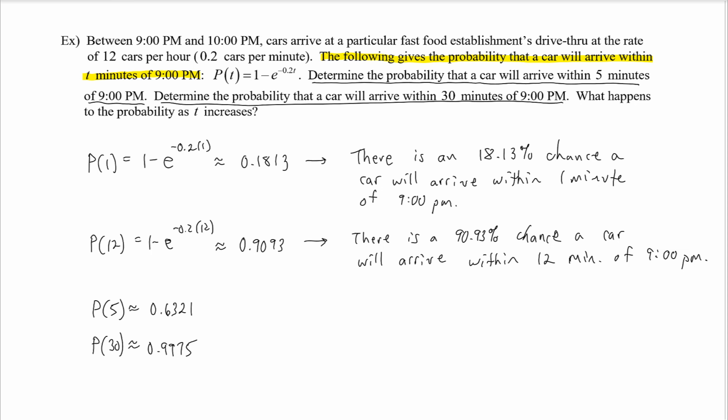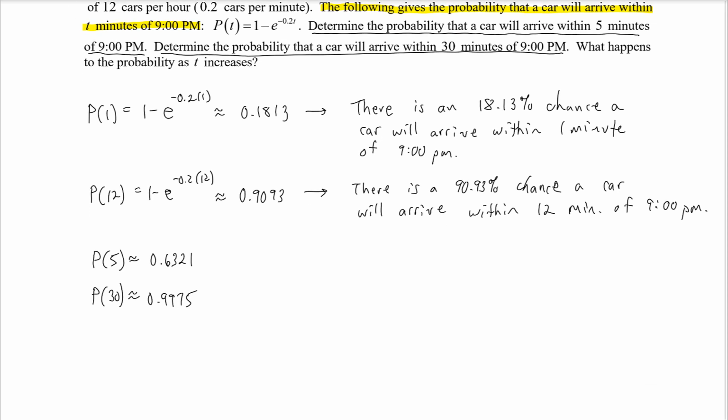It says what happens to the probability as t increases. So as t increases, the probability approaches 1 or 100%.